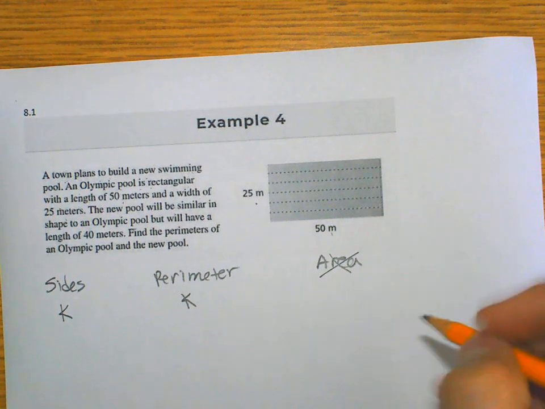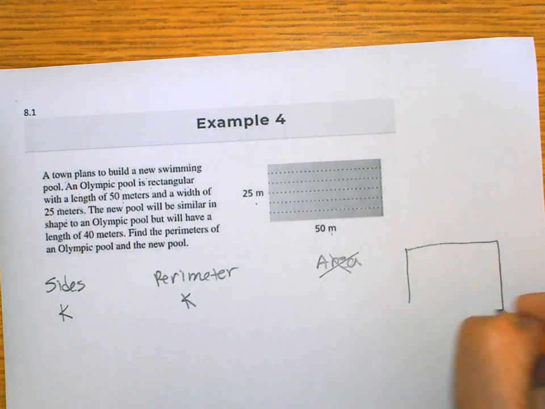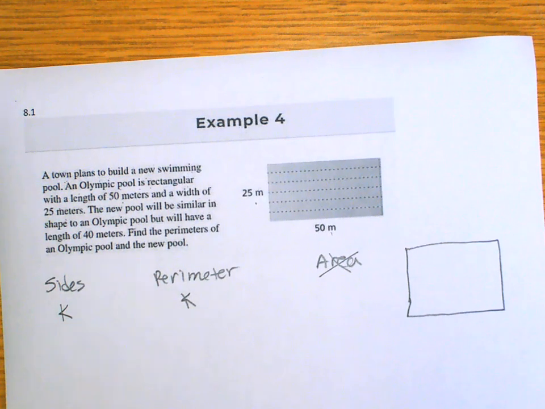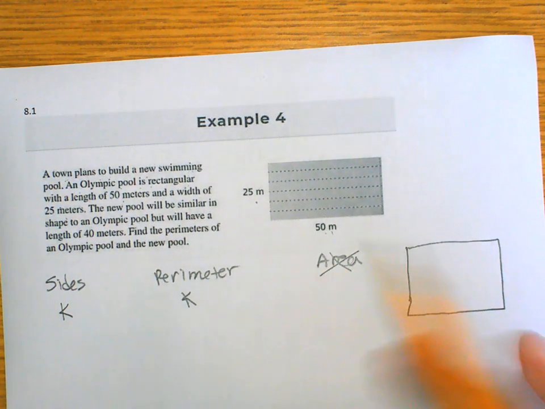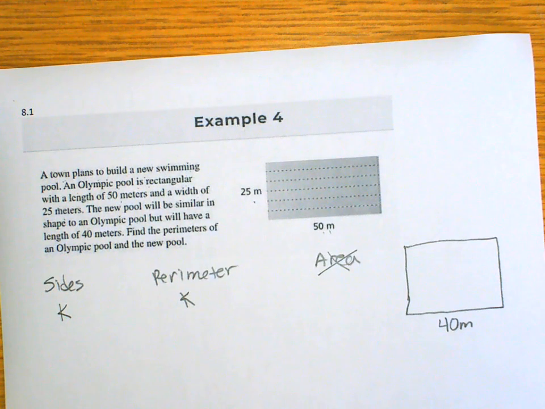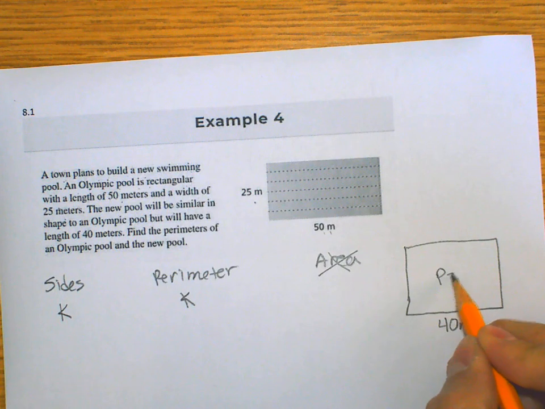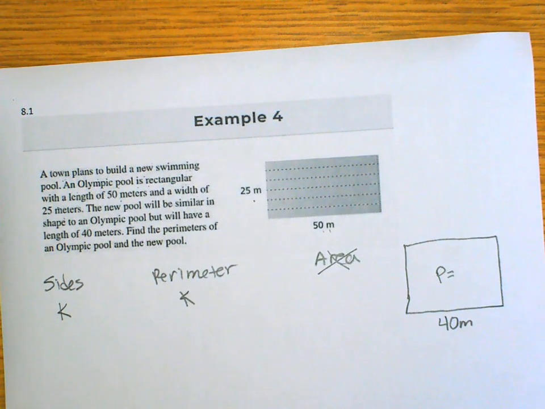So I'm going to have a new pool. Now here the length is 50, but the new pool is going to have a length of 40 meters. And what they want me to do is find out what the perimeter is going to be.